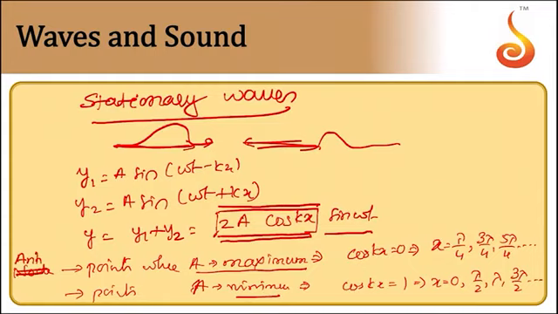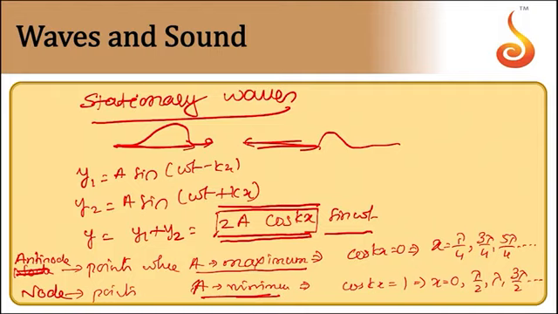My fault, antinode. The point where the amplitude is minimum is known as node. So node corresponds to a point where the amplitude is minimum, and antinode corresponds to a point where the amplitude is maximum. So node is minimum, antinode is maximum.